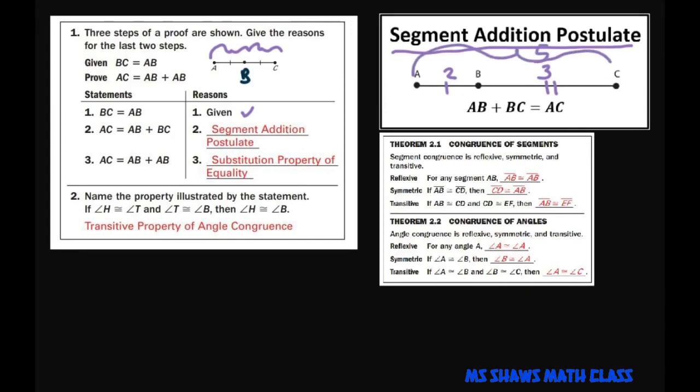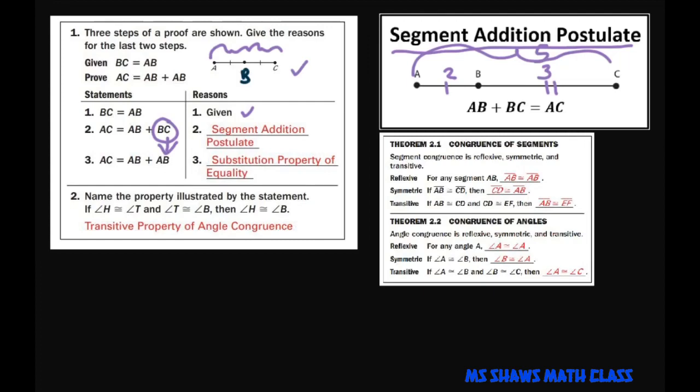That's basically what it's saying. So we're going to add this up, and then I'm going to use my substitution property because it's saying that AB equals BC. So right here I substituted my BC with AB.